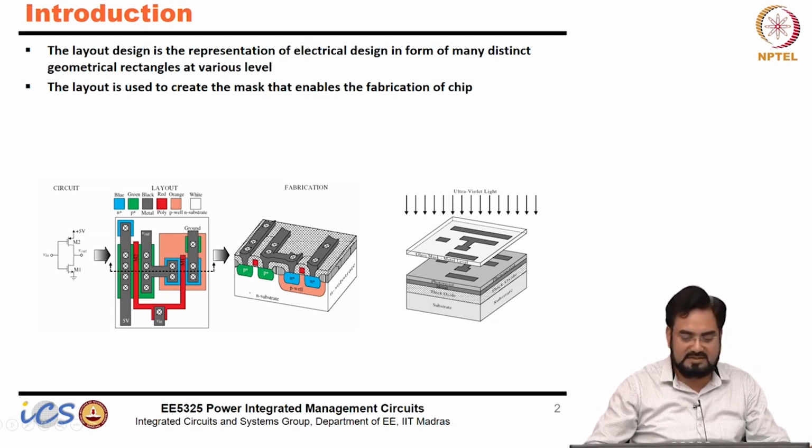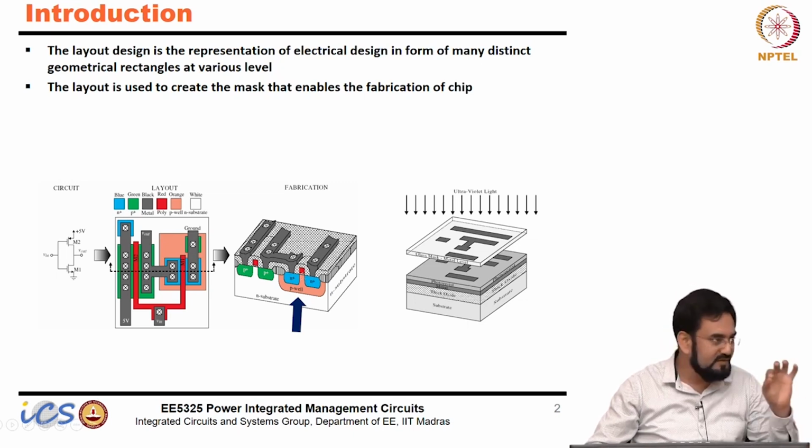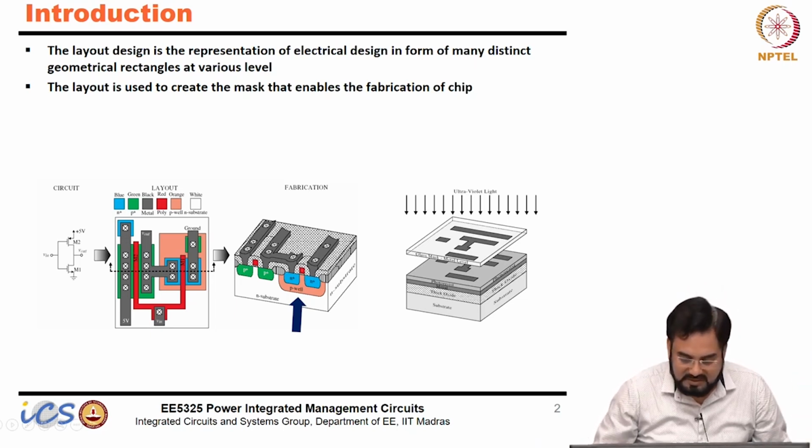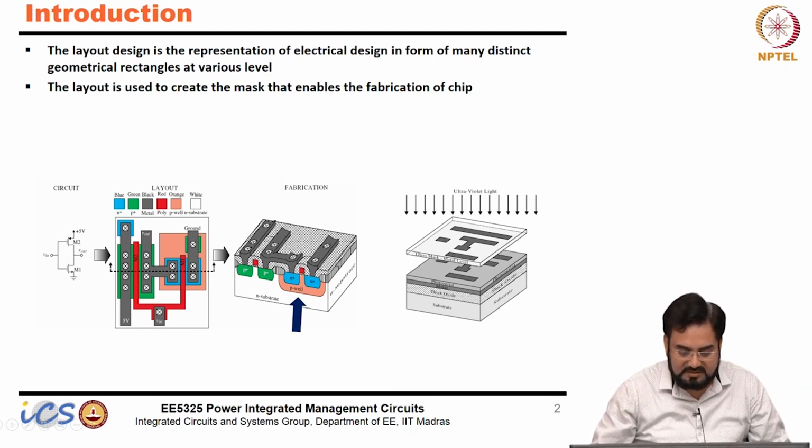This is the cross section. So this is your substrate, then you have a P well, N plus, so this is your N channel MOSFET, then this is your gate. Between poly and the well or substrate, you have thin oxide, because the gate is insulated, so that is nothing but the gate insulation.